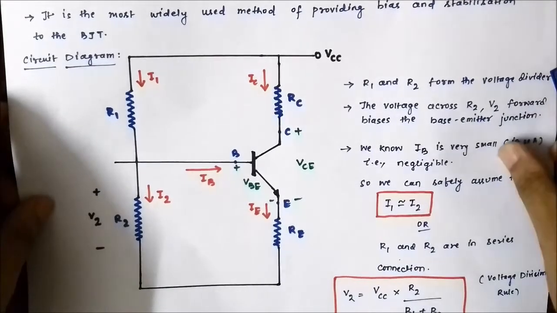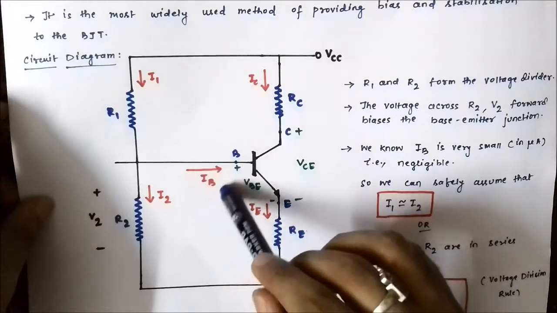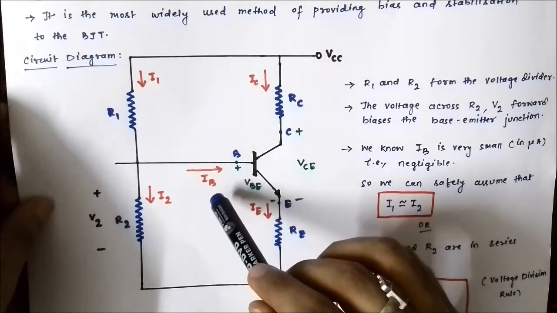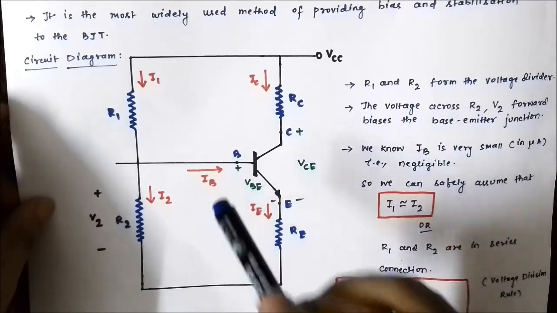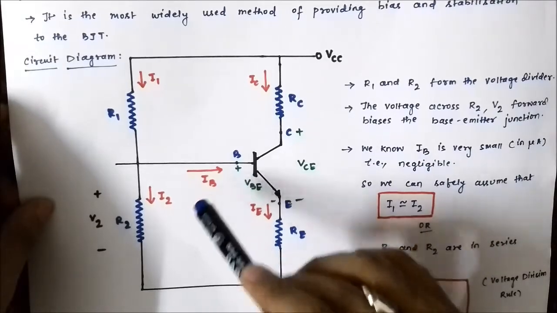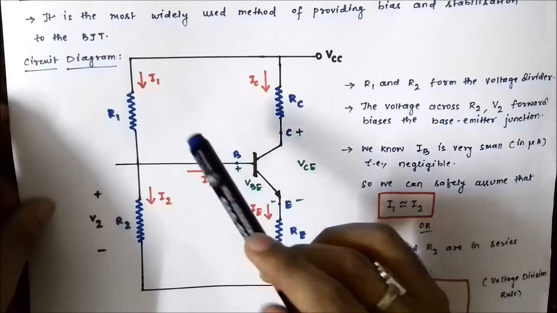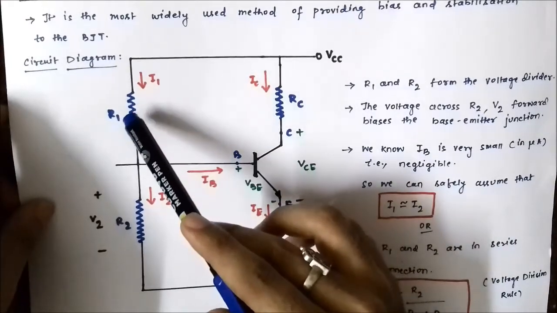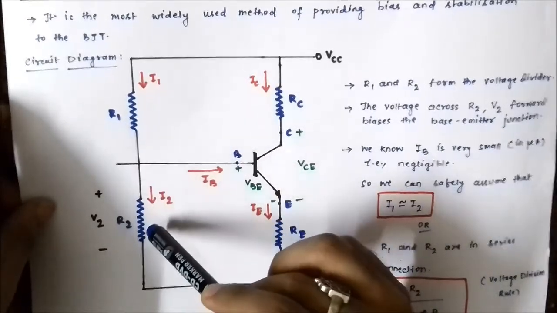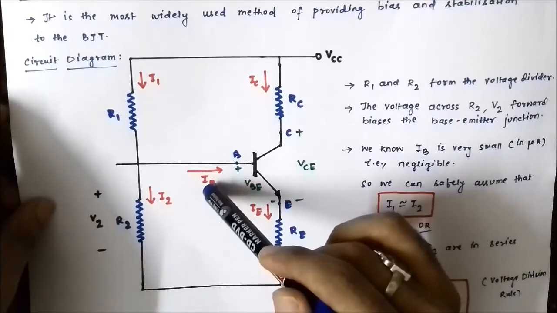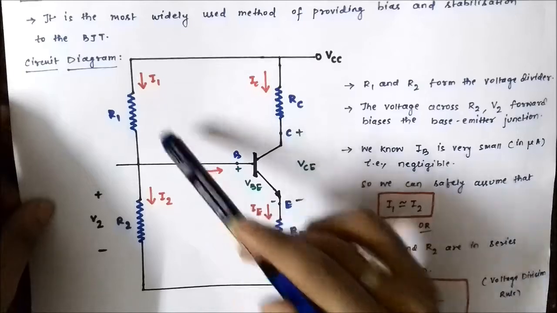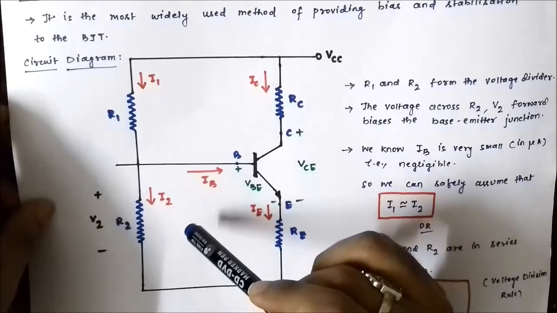Now, the magnitude of the base current is of the order of microamperes, which is very small as compared to the currents which are flowing through the resistors R1 and R2. The magnitude of IB is very less as compared to I1 and I2.